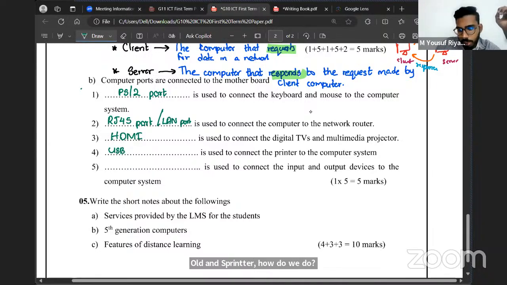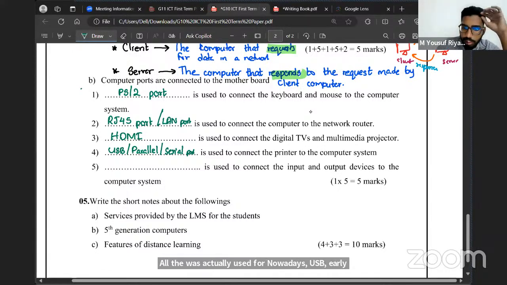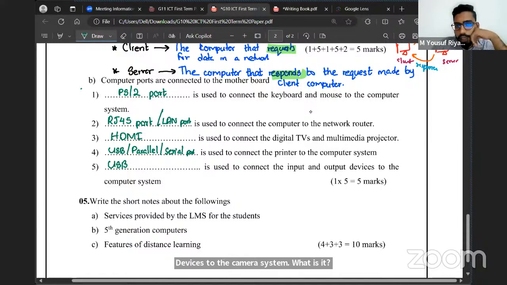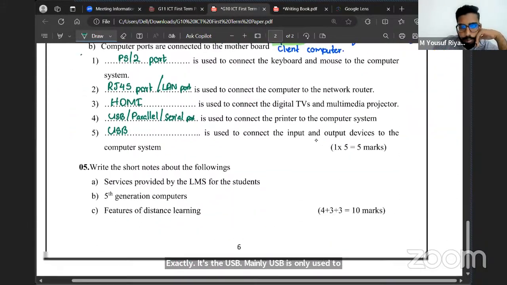Early days we connected printers using the parallel port, and the serial port was also used. All three ports were used for printers. Nowadays USB; early days parallel and serial. Next, dash is used to connect input and output devices to the computer system. What is it? Exactly. It's the USB. Mainly USB is used to connect input and output devices to your computer.